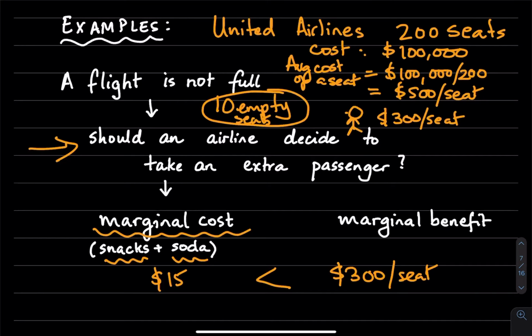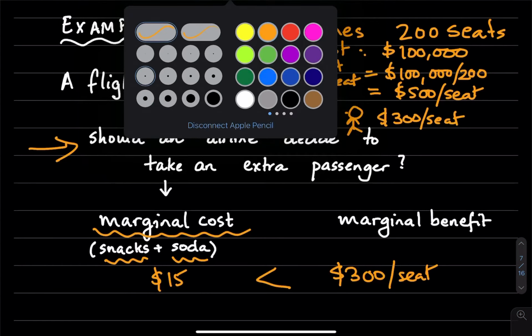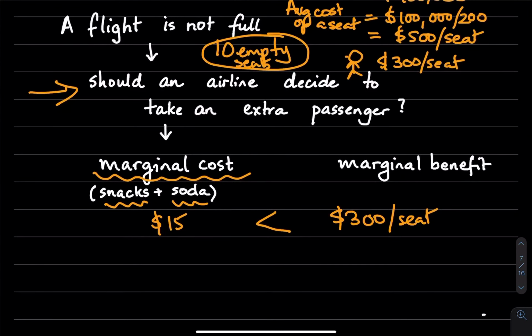Now there are some types of marginal decisions that can help explain some otherwise very puzzling economic phenomena. There are paradoxes that are popular in economics.